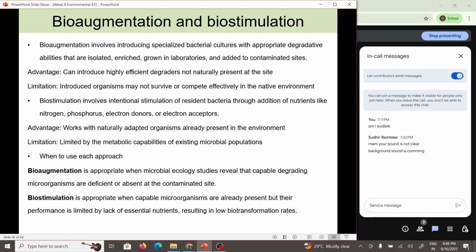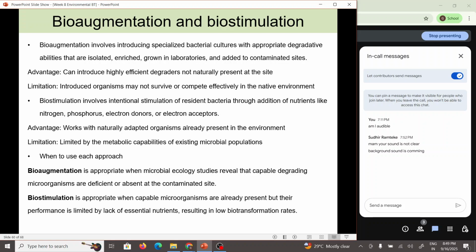We are trying to trigger the microorganisms by adding nutrients, not adding any external specialized microorganisms to the system. The advantage of biostimulation is that it works with naturally adapted organisms already present in the environment. But the limitation is that we do not know the metabolic capability of the existing microbial population. If the metabolic capability does not match the degradation requirements, then we have to go for bioaugmentation. That is the next part of this slide.